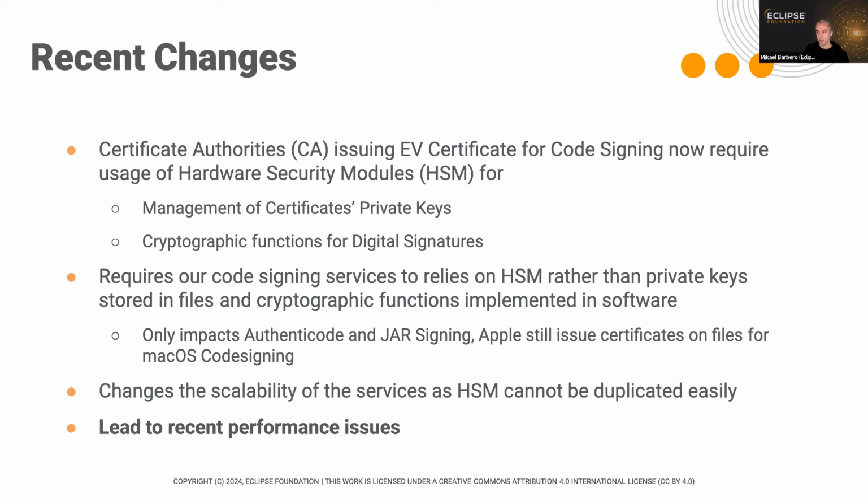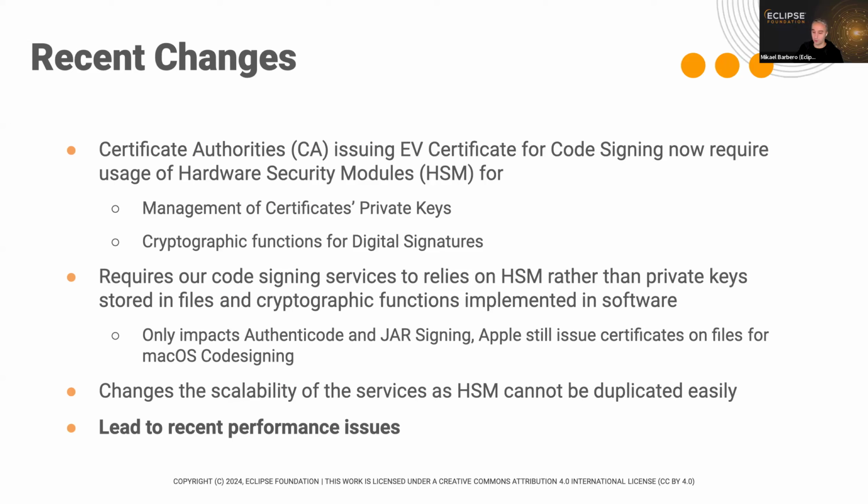So the recent change that led to the performance issue is that for a year now, any new certificate issued by a code signing certificate authority has to be issued on a hardware security module. That's a new security measure for certificate authorities, so that the EV certificates are recognized by operating systems and platforms.